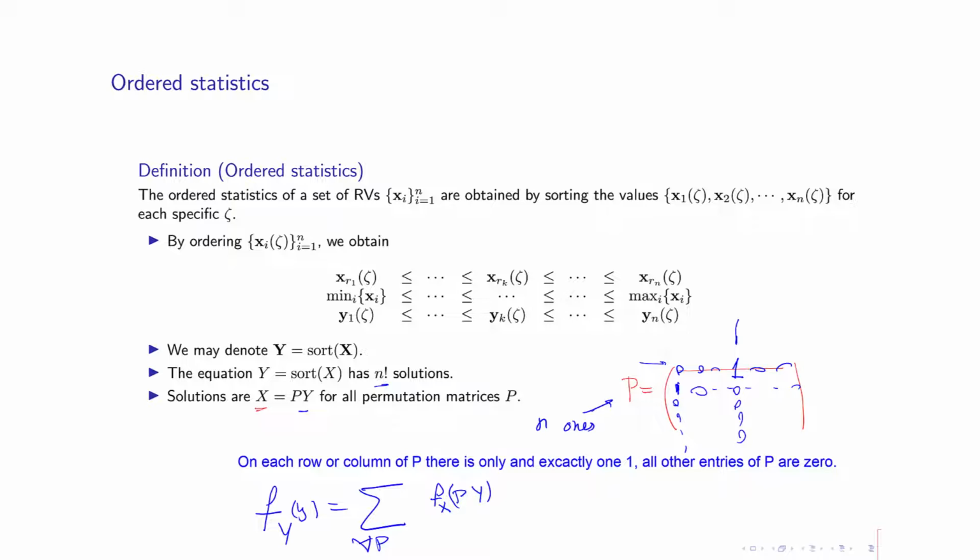The point here is that y1 is smaller than y2, smaller than yn, and the PDF is 0 wherever this condition is not valid. So it is easy to calculate the PDF of the sorted values: you just apply all the permutations.